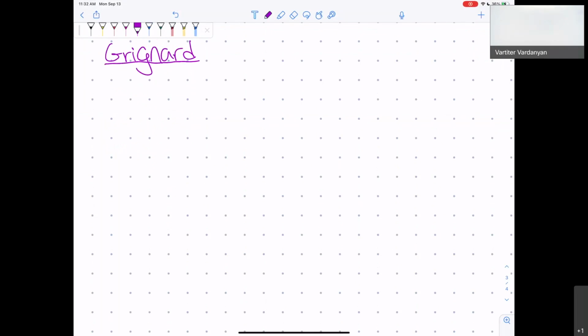I literally used to spell it wrong, and nobody corrected me, so it's fine. Anyways, the Grignard reaction is a type of reduction, but instead of using an H, we're going to use a carbon group. So this is why that's a good step. The first thing we're going to talk about is how to make a Grignard.